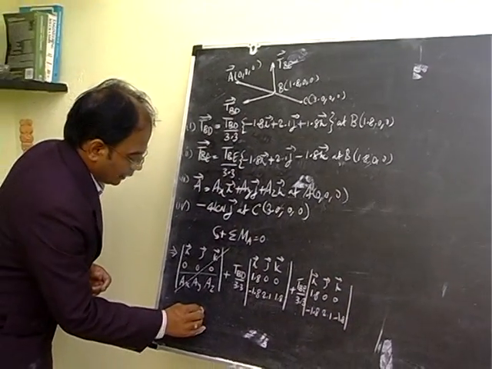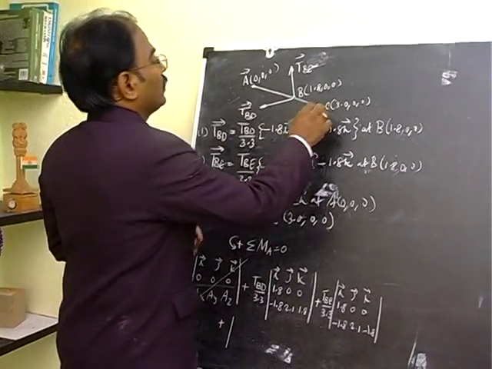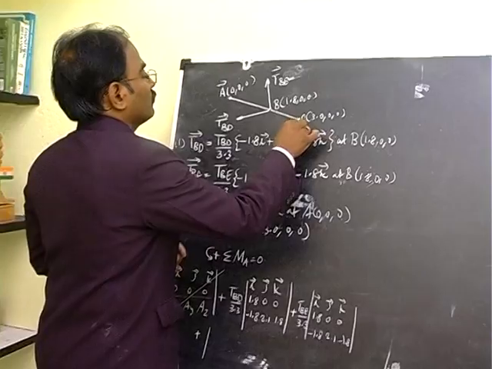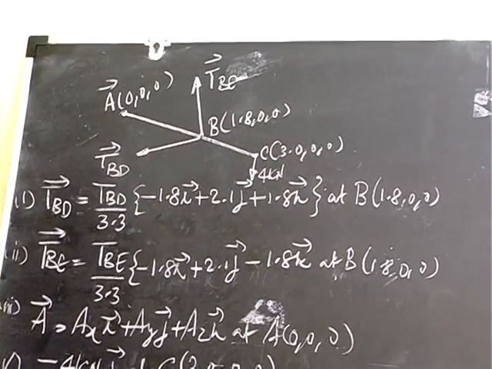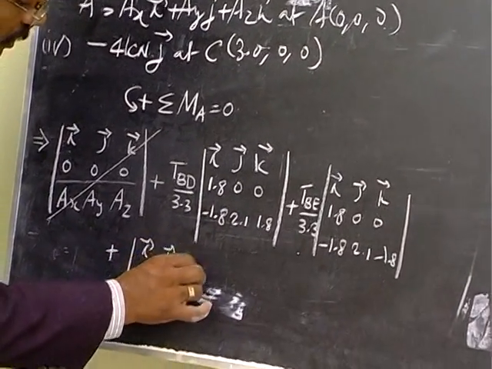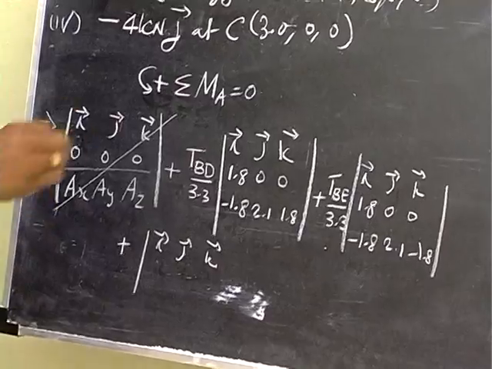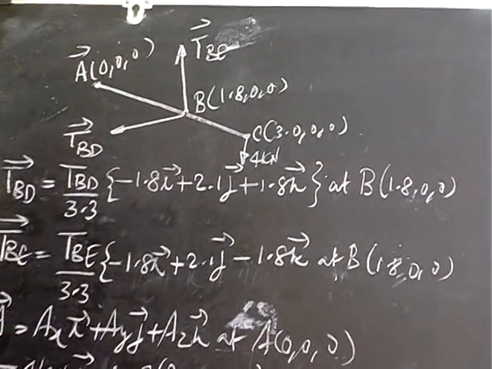We have the last term for the force component, 4 kilonewton down. Here is a force component 4 kilonewton at C. So we write that as i, j and k unit vectors. The position vector is C, 3i plus 0j plus 0k.